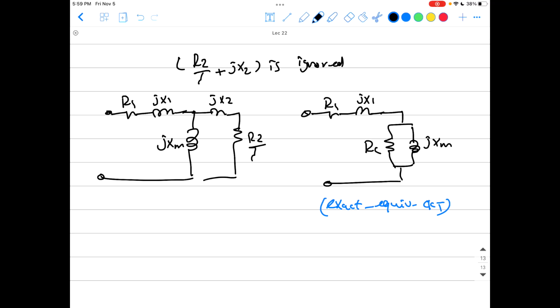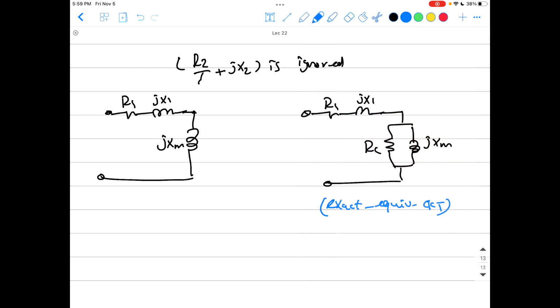So we don't represent it by RC. That's why we call it the approximate equivalent circuit. It will be just the same here. So you'll also ignore R2 over S plus jX2 when compared to jXM, and the approximate equivalent circuit will be just looking like this.